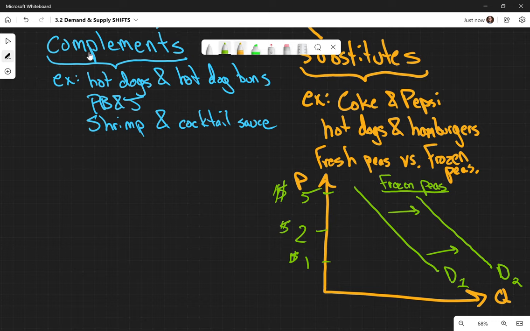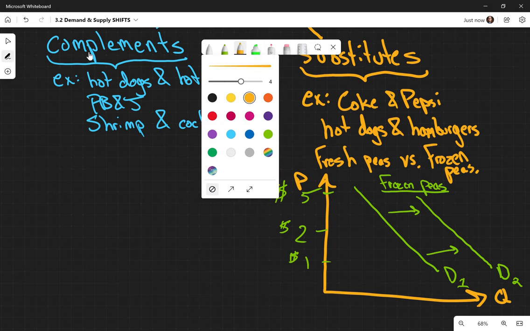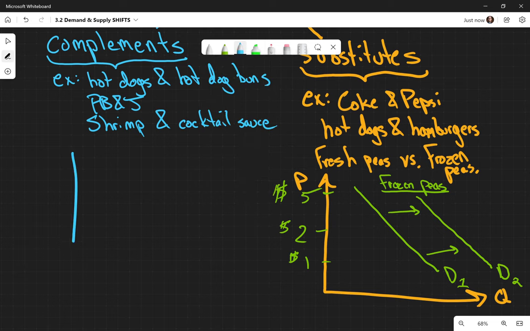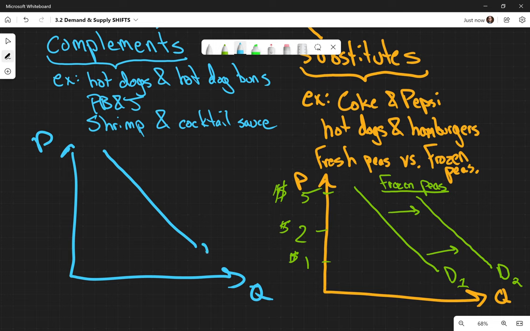Now let's do a similar example for complements. So I will do cocktail sauce. And I'm going to say the prompt is, the price of shrimp has increased significantly.